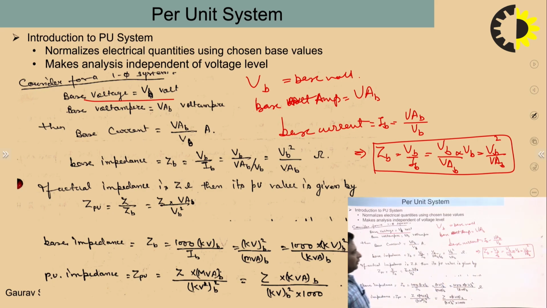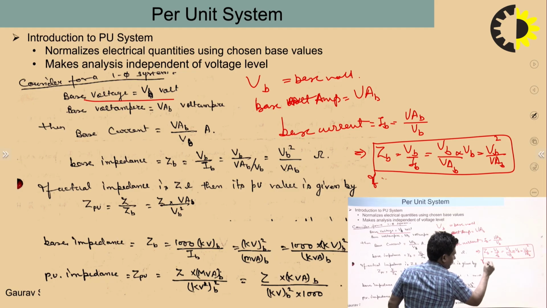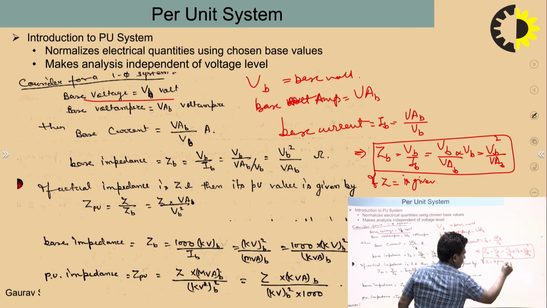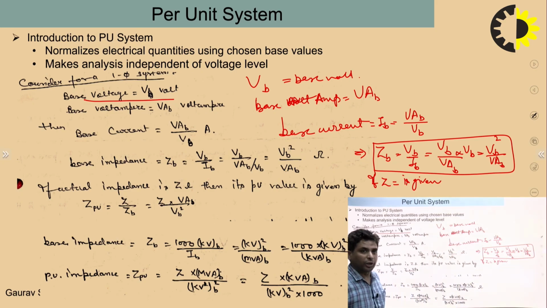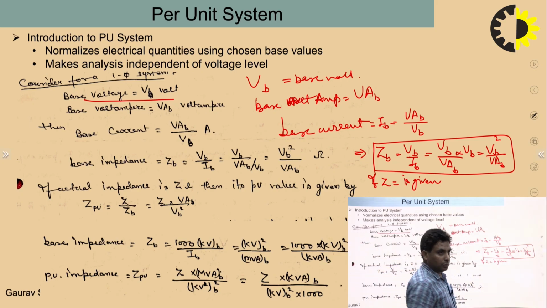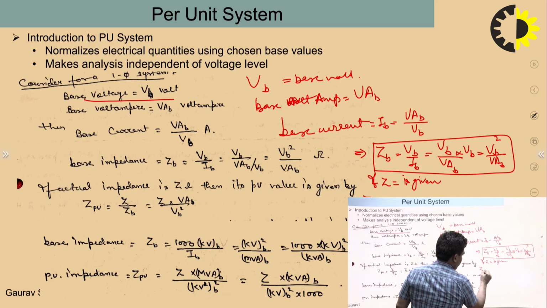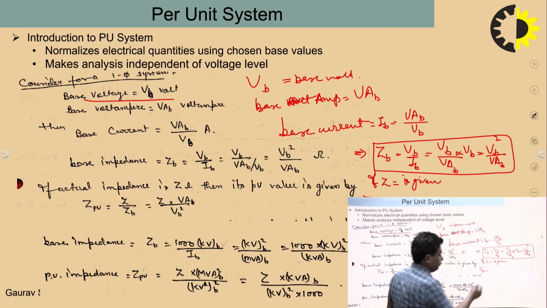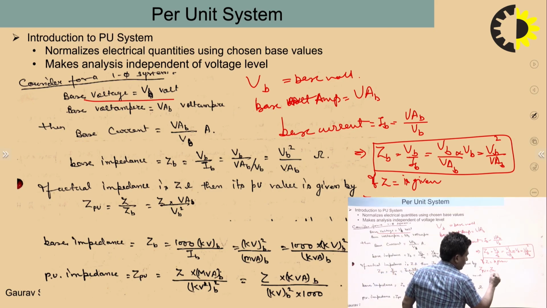And if Z is given, how do we calculate the Z per unit? Because we have to go for the Z per unit. What is the per unit? Z per unit is given by Z upon Z base.